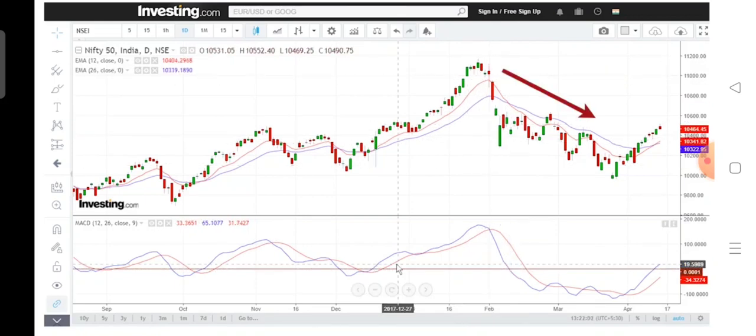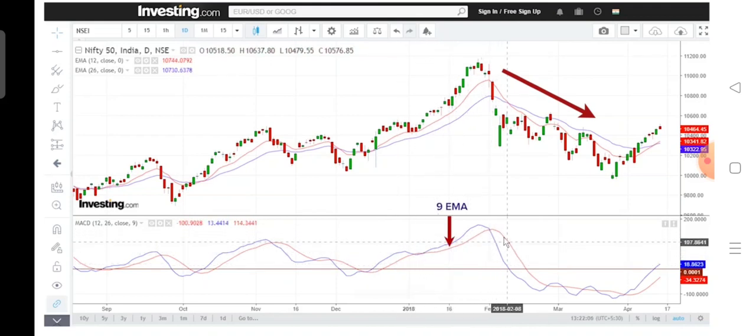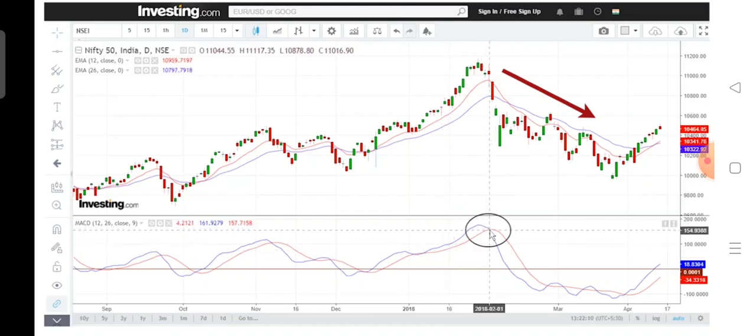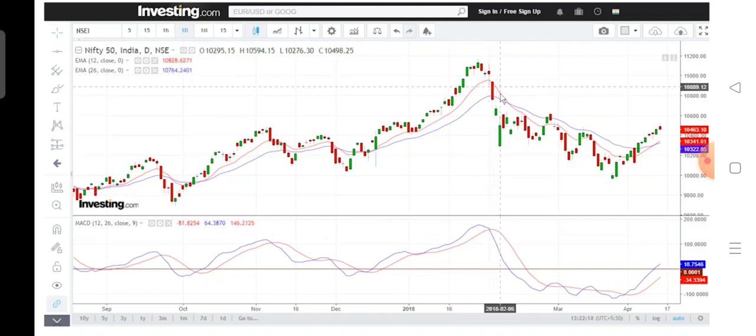But if we look at the red line here, which is the 9 period moving average, the MACD line crossed this 9 period exponential moving average quite early. So if this crossover was the point of sell, then we could have got a lot of profit earlier.